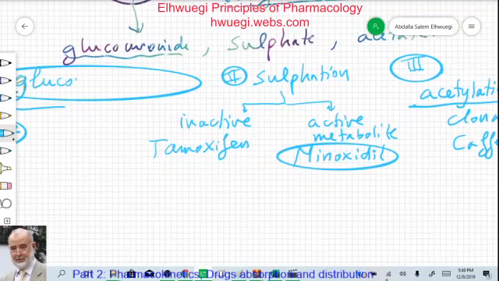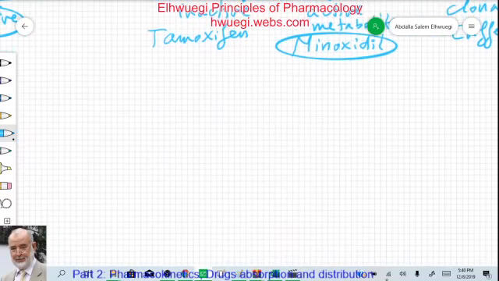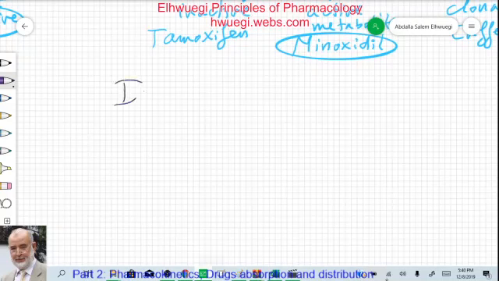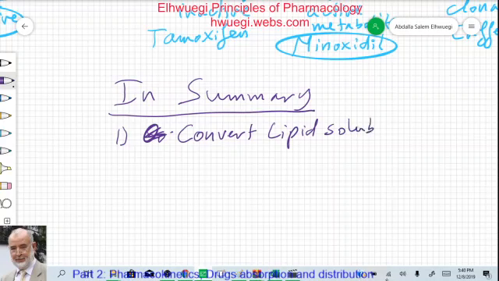So this is very briefly what happens with the process of metabolism. If we summarize the whole process, we say that the function of metabolism is to convert lipid soluble to water soluble molecules.